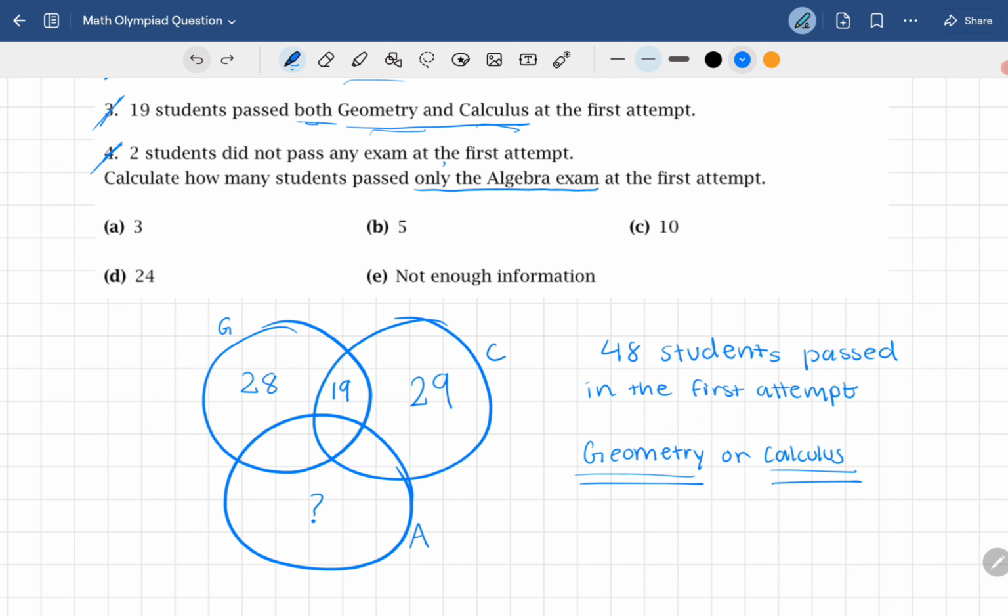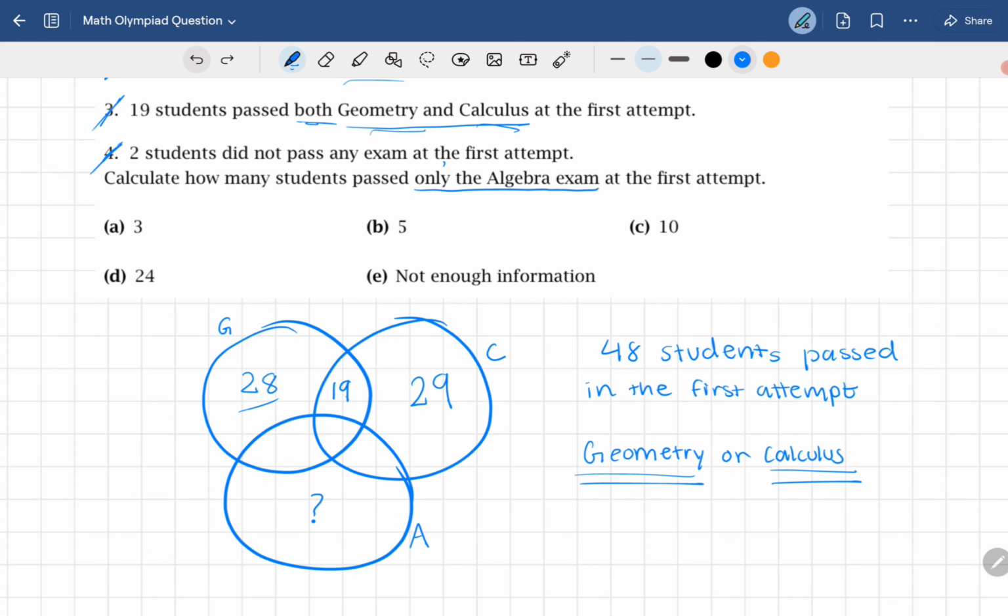But we don't know geometry and calculus. All we know is that 28 people passed geometry and 29 people passed calculus. It does not say that these 28 people failed calculus and these 29 people failed geometry. No. And we can see that 19 of the people passed both geometry and calculus.